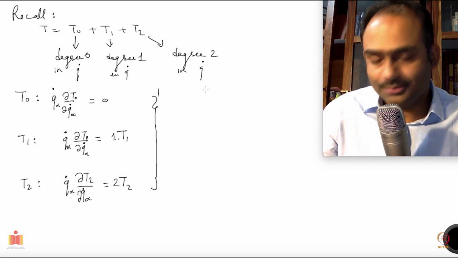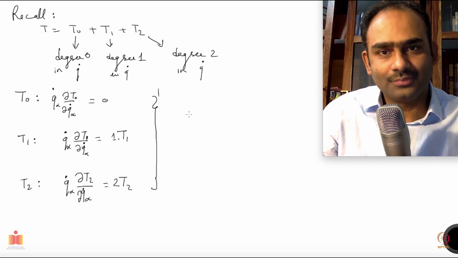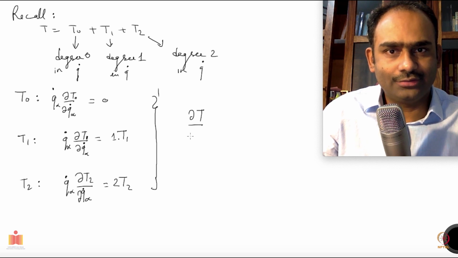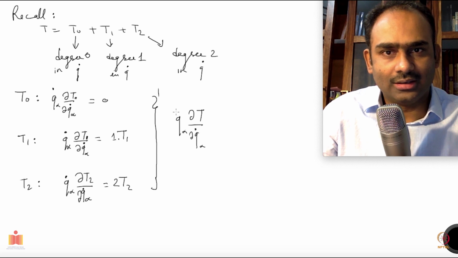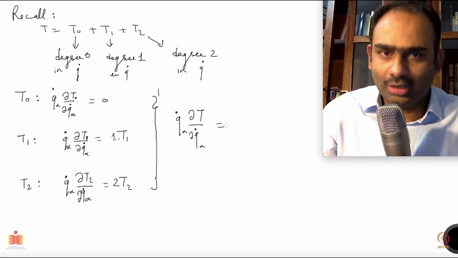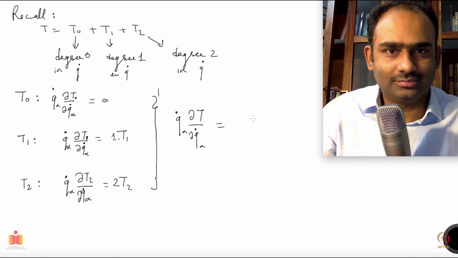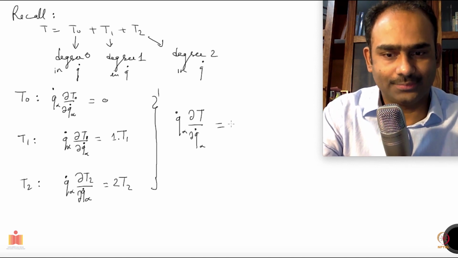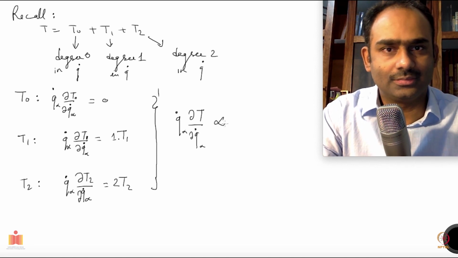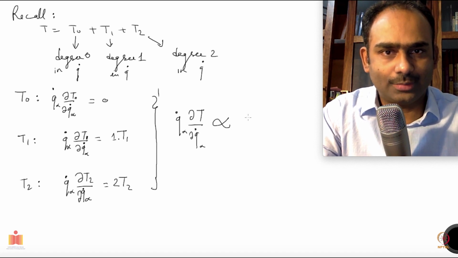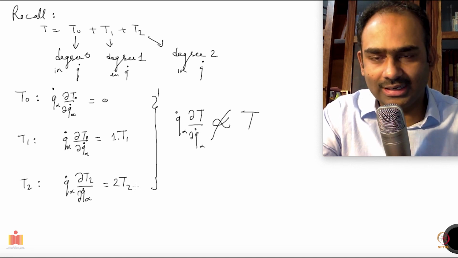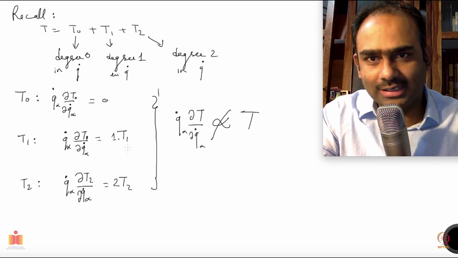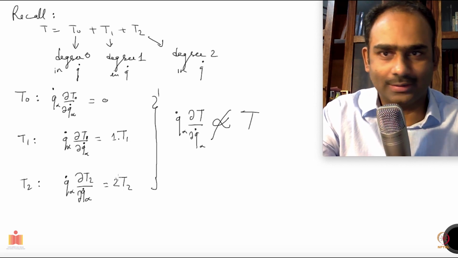In general, if you are taking the derivative with respect to q alpha dot, this will not be proportional to T. It will not be proportional to T because T2 becomes 2 times T2, T1 becomes T1, and T0 becomes 0.